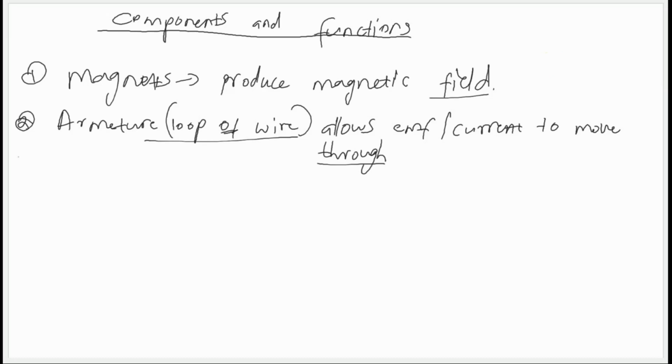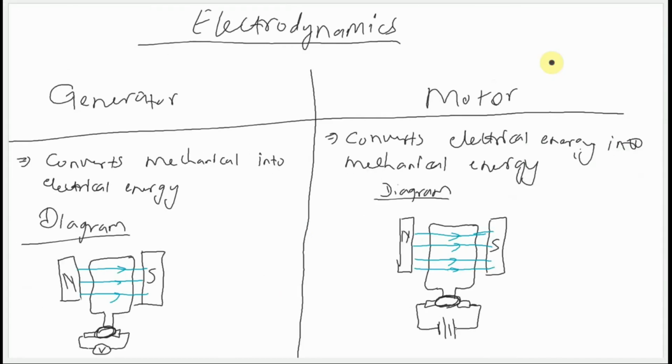And then the third component is carbon brushes. Carbon brushes are those little boxes that are just outside of the rings. If I go back to my diagram, we are talking about these guys here. They are touching the external circuit and the rings.